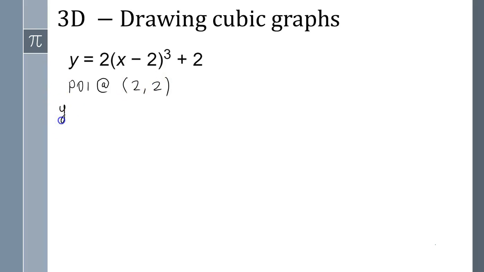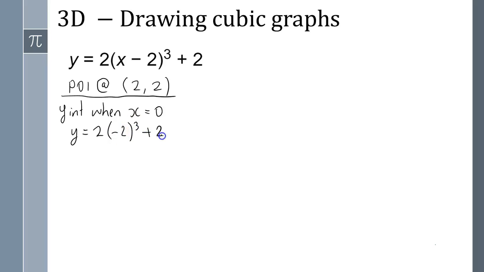Okay, our y-intercept is when x equals 0. So y equals 2 times (-2) cubed plus 2. So -2 cubed is -8, times 2 is -16, plus 2 is -14. Underlining to make them really clear.